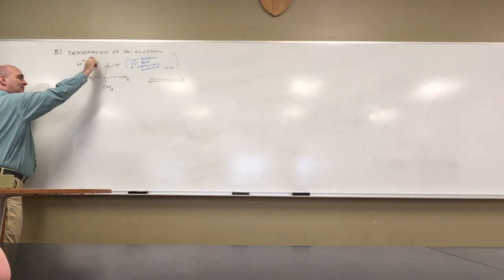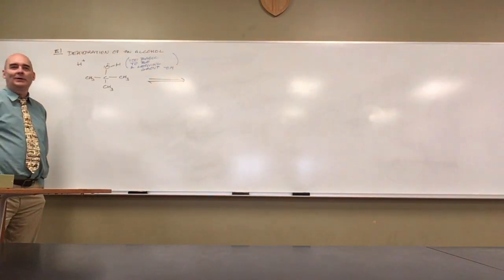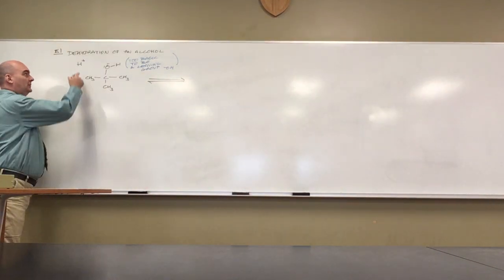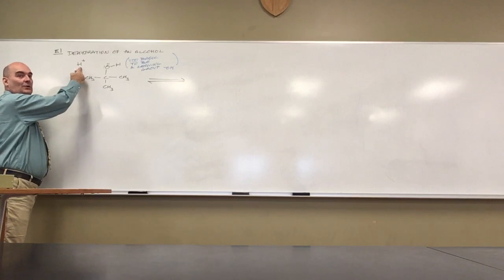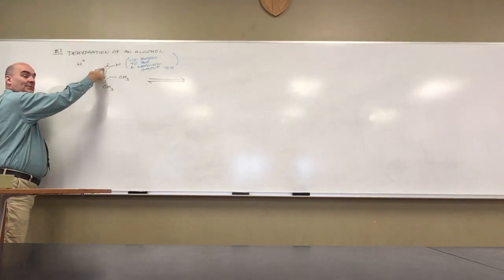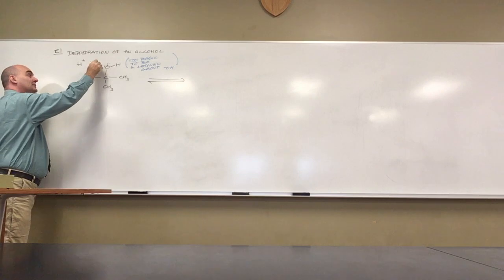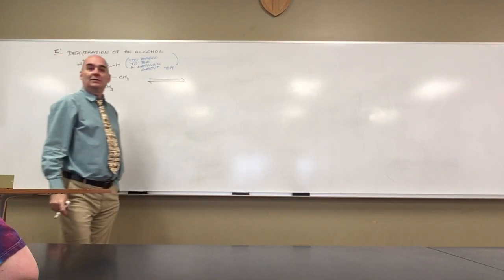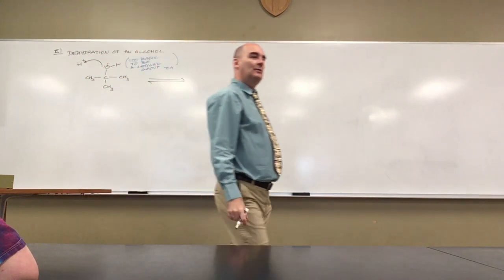If this is a base, why don't I let it be a base? Here's acid, has no electrons. Here's the base, has a pair of electrons. Motion of 2 electrons is a curved arrow.